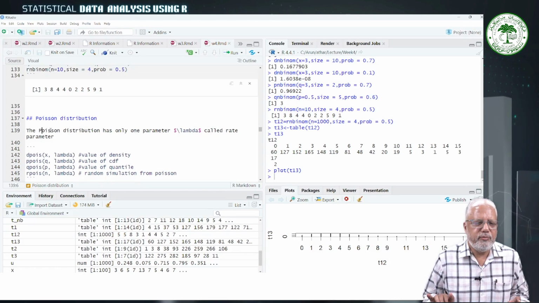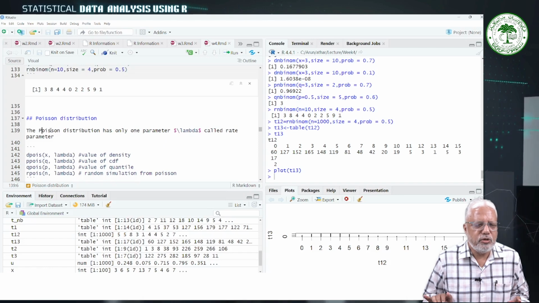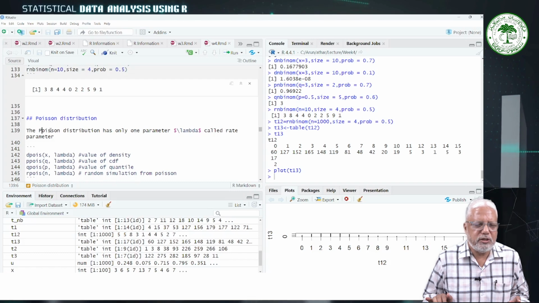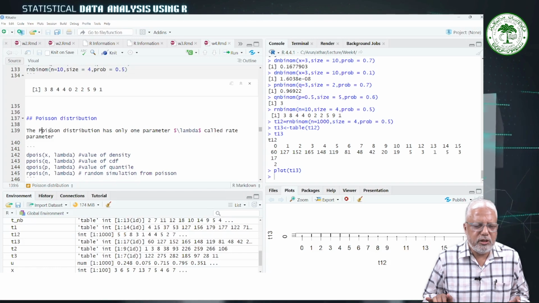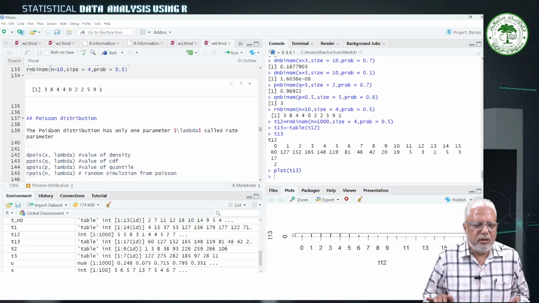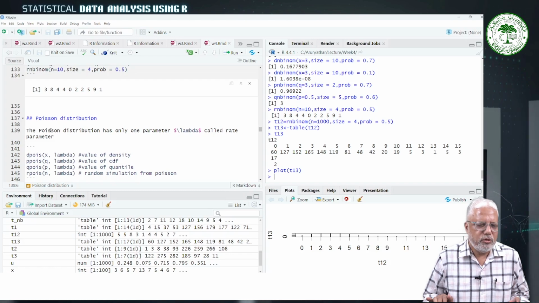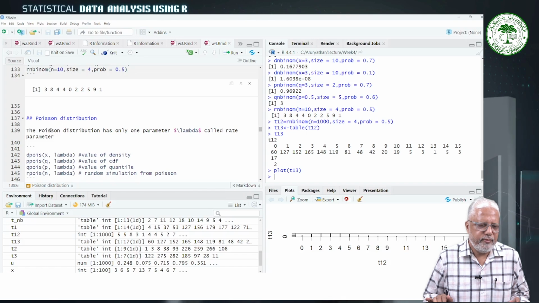All the above distributions talk in terms of size, so their number of trials is fixed, and then we get the result. But here the number of trials is not fixed, and the data is in the form of counts, not proportions. The Poisson distribution has only one parameter, lambda, called the rate parameter.